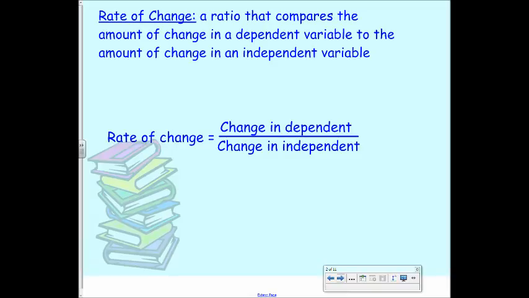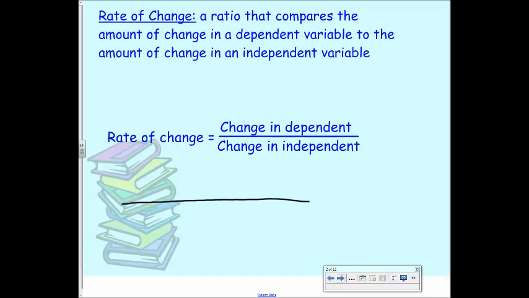Rate of change is just a ratio that compares the amount of change in the dependent variable to the amount of change in the independent variable. So for example, if you are mowing lawns, there was a question on your test about mowing lawns, right? Philip charged $25 per lawn to mow a lawn. If you're looking for a rate of change, you would create something like this.